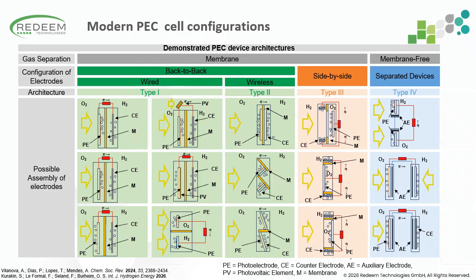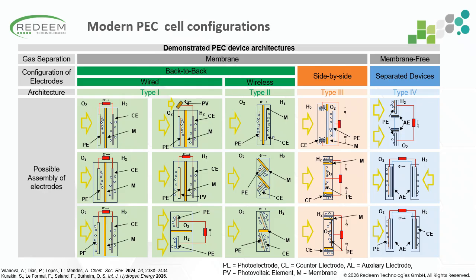Type 2 also uses a membrane and a back-to-back arrangement, but the device is wireless. Instead of an external wire, the electrodes are internally connected and create some kind of compact monolithic structure. This reduces external wiring but requires a much tighter integration of all device components.